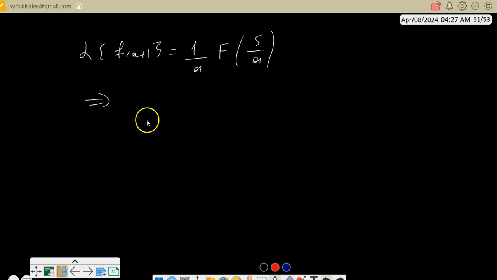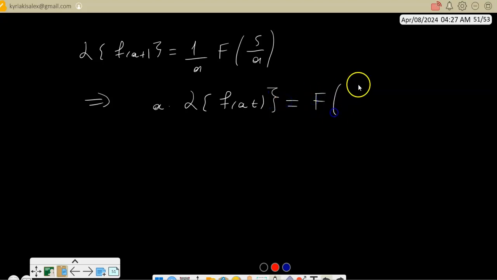Now, I take a times the Laplace transform of the function f of a times t equals capital F of s divided by a. I take the inverse Laplace transform on both sides.